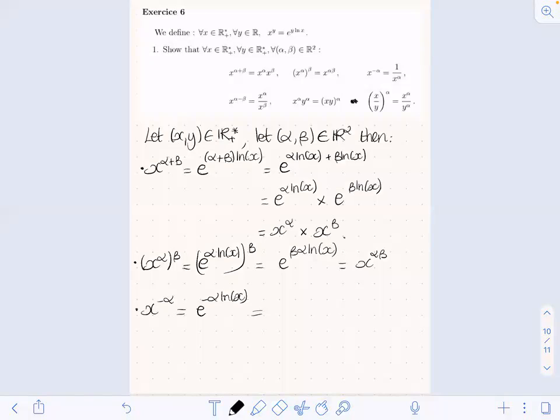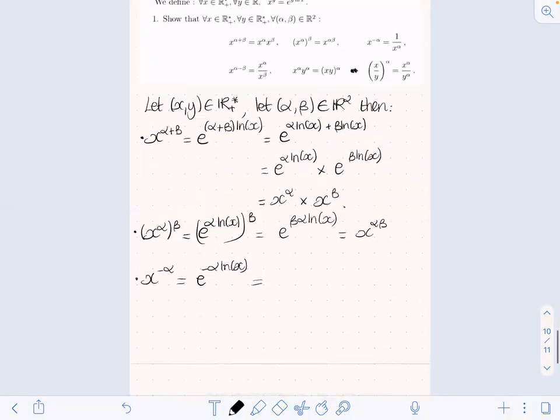That's equal to e to the ln of 1 over x to the alpha. Yes, absolutely, we could do that. And then we should get 1 over x to the power alpha.